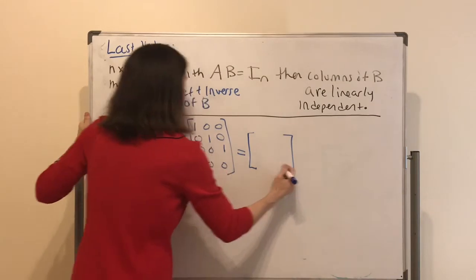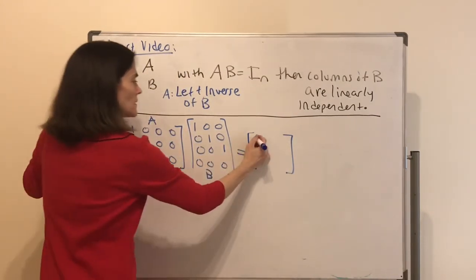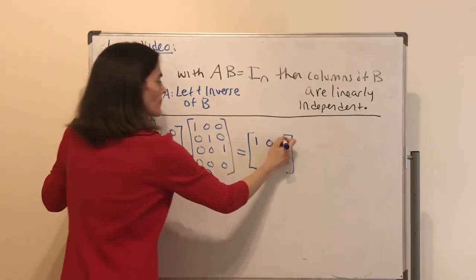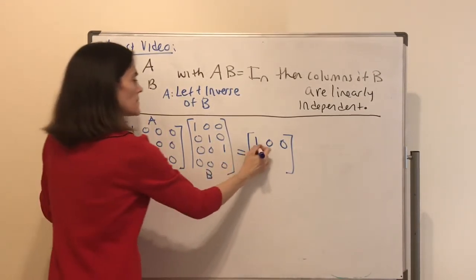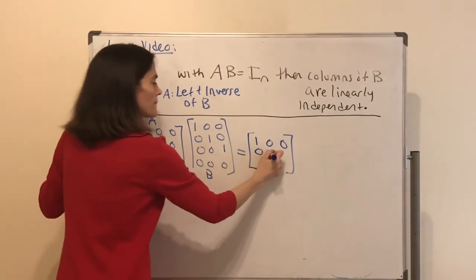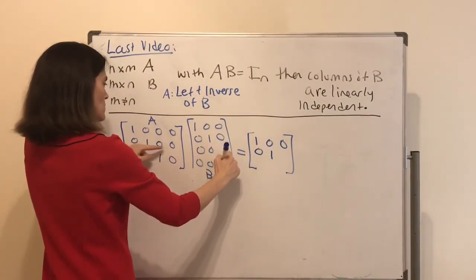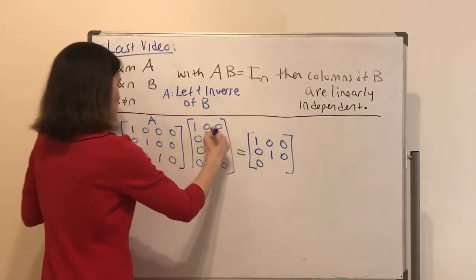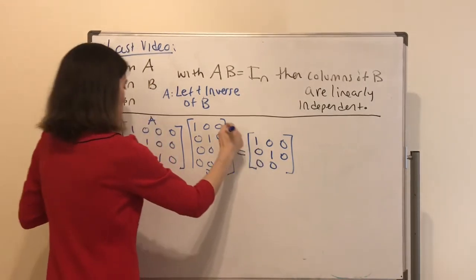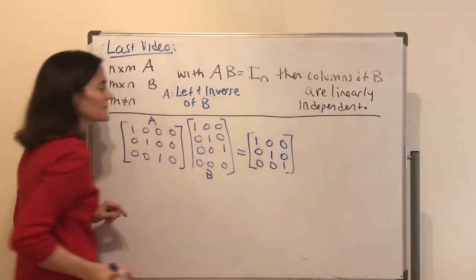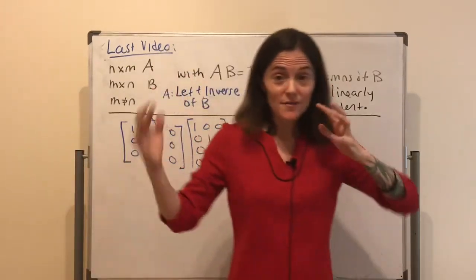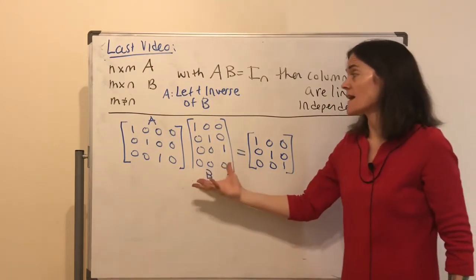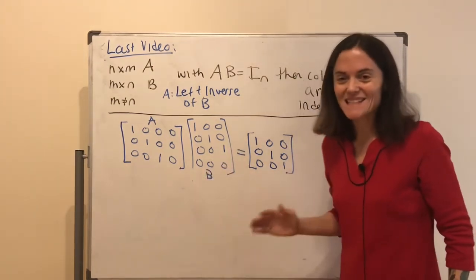And if you check, here we get 1, 0, 0, then second row, first column, 0, then we get 1, 0, and finally 0, 0, 1. Okay? So this is an example of the type of thing that would be covered in the proof we did last time. And you notice, in fact, the columns of B are linearly independent.